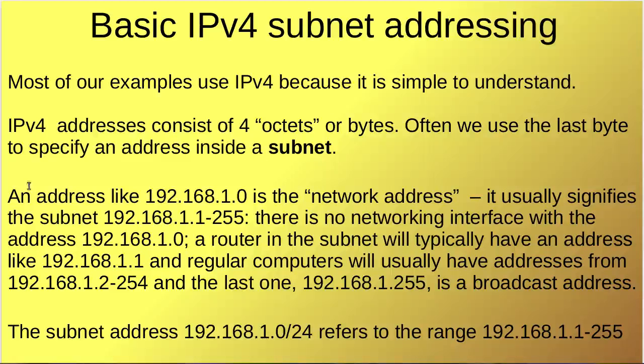So for example, if you have an address like 192.168.1.0, typically, assuming we use just the last byte as the address inside the subnet, then the 0 over here will indicate that this is a network address.